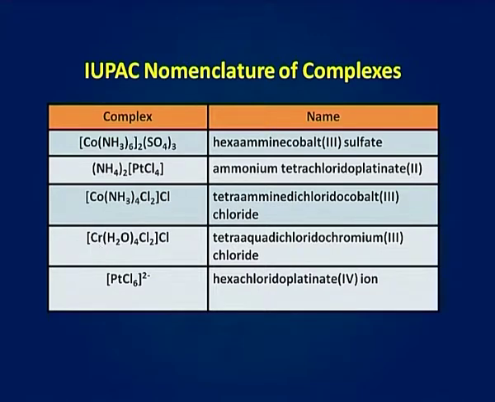Therefore, the name of the complex will be tetraaquadichloridochromium(III) chloride, and this complex will be named as hexachloridoplatinate(IV) ion. The word ion has to be used after the name of the complex if the complex is an ion. Now, you are able to write IUPAC names of all types of complexes.